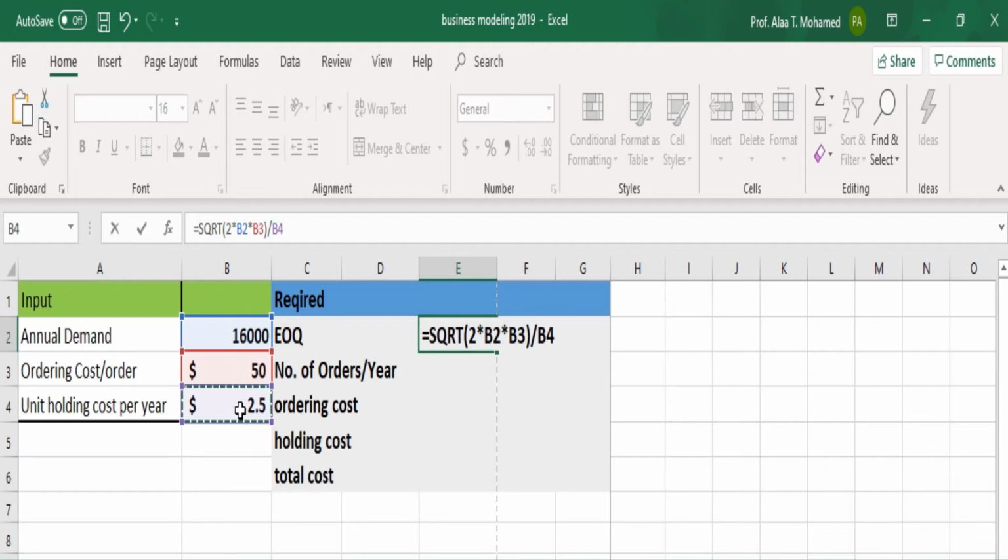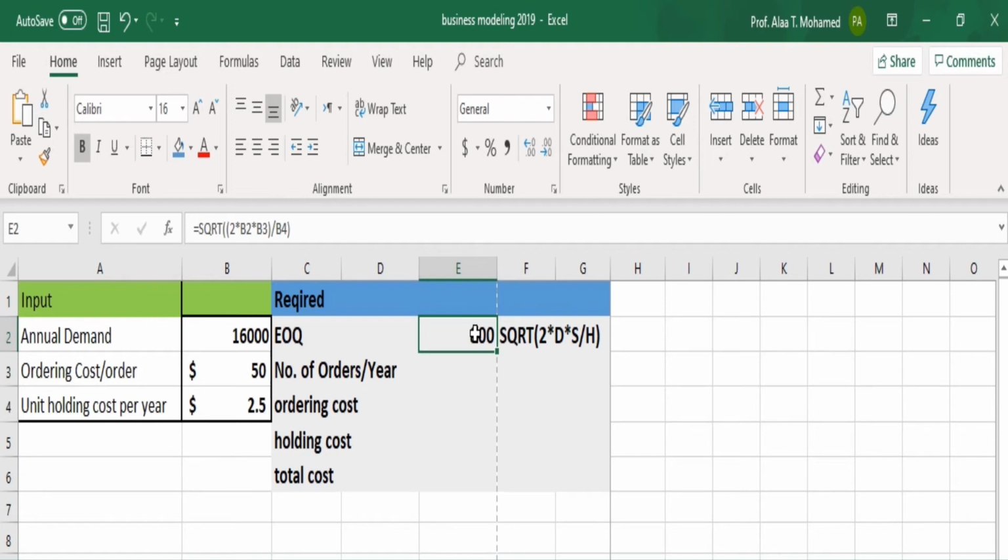We press on this cell. So this is what we have. We can put these together in the formula. Now enter.